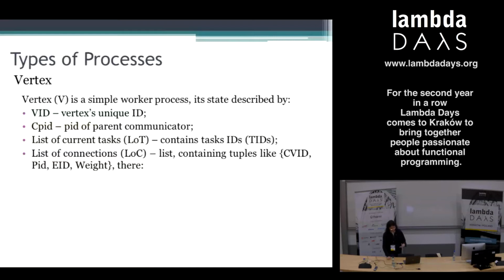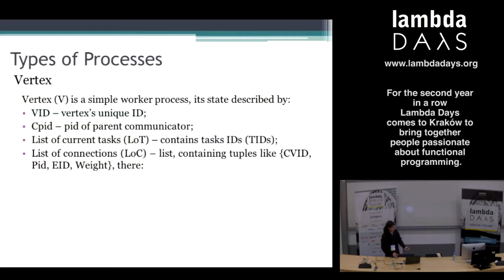PID, it's this Vertex speed. EID, it's edge unique ID, it's atom, and weight of edge. Last 2 columns are not necessary, and by default EID is U1 and weight is 1.